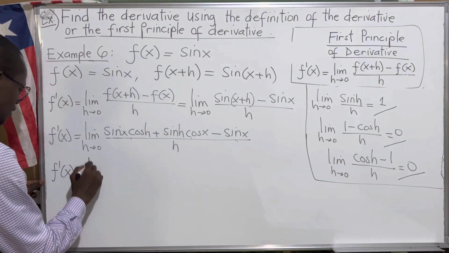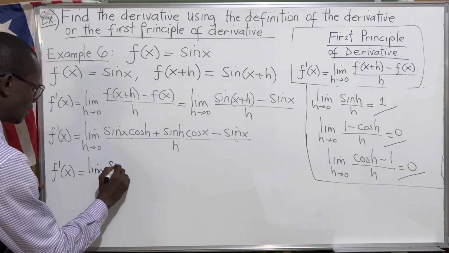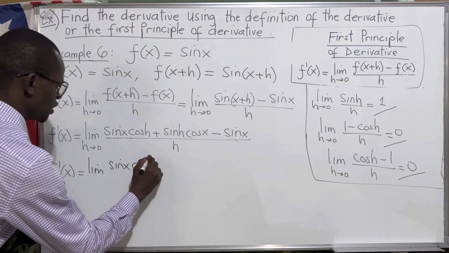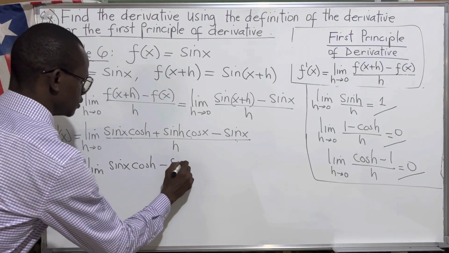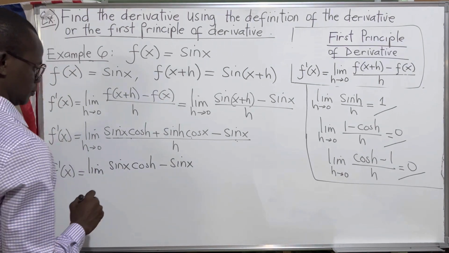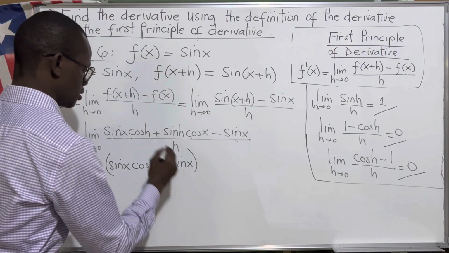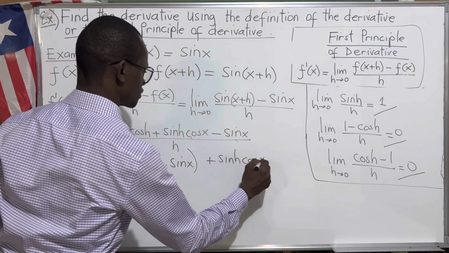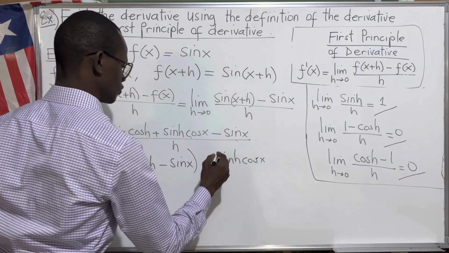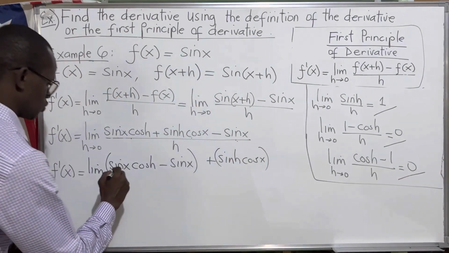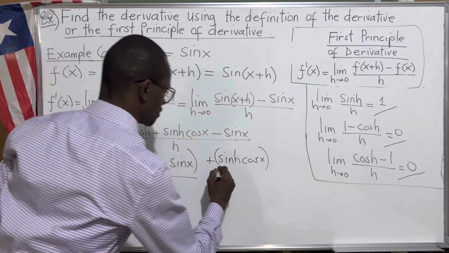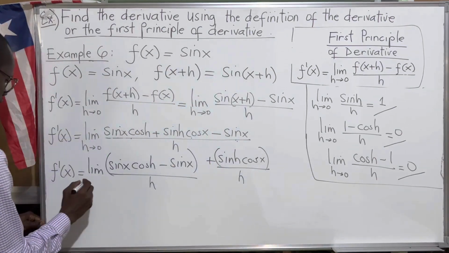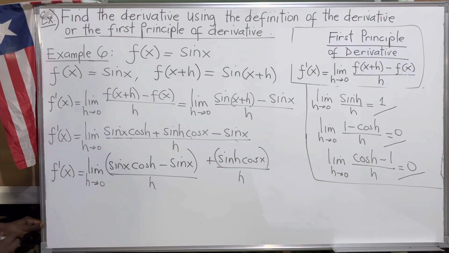So we can pair sine of x cos of h minus sine of x, right? We pair this one, plus sine of h cos of x, pair these two. So we express this one over h, we express this one over h. It's the same thing, h approaching 0.